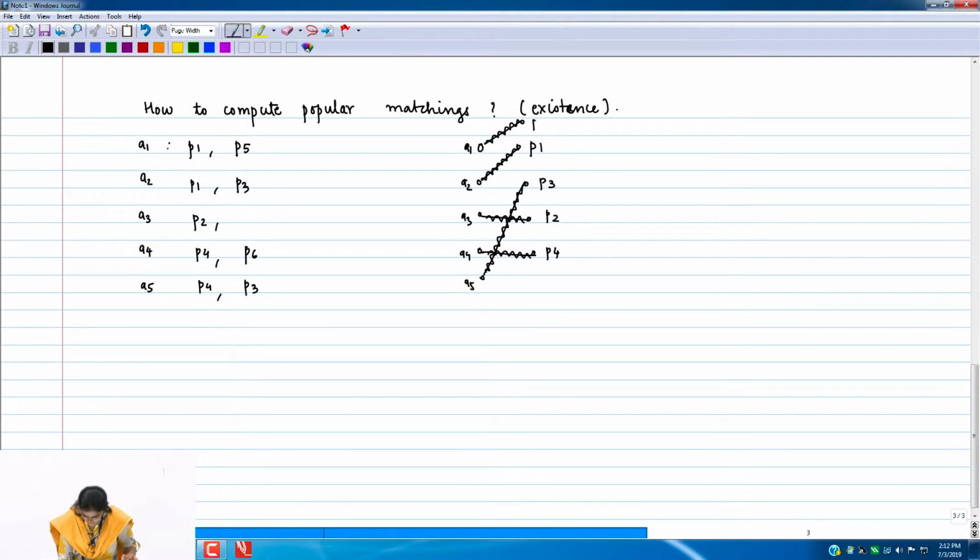Sorry, P5. Yeah, it is P5, right? Okay. So now only A1 gets its second preference.